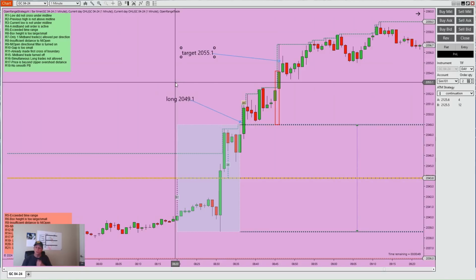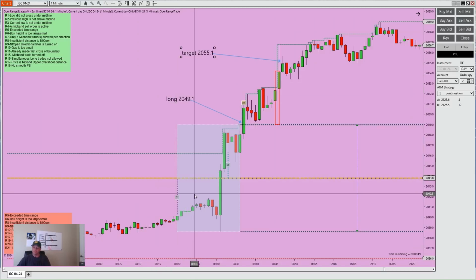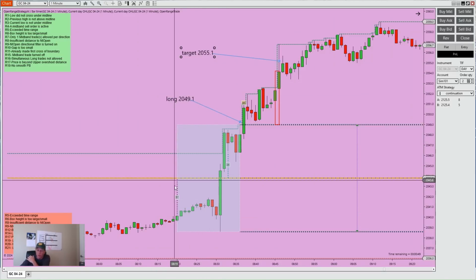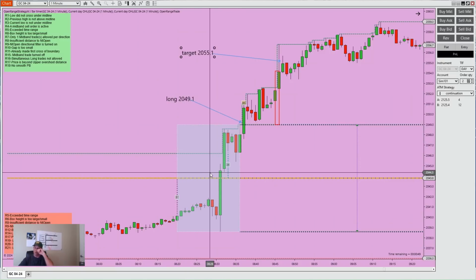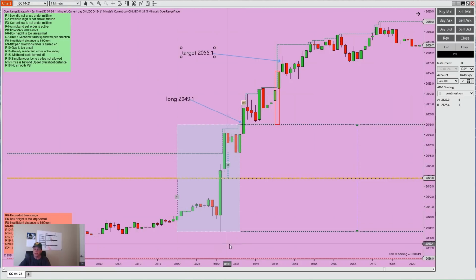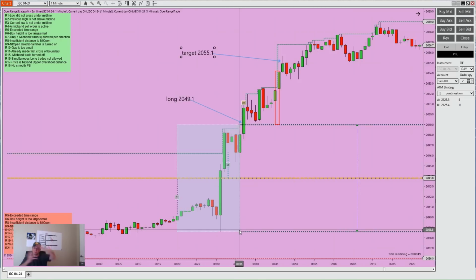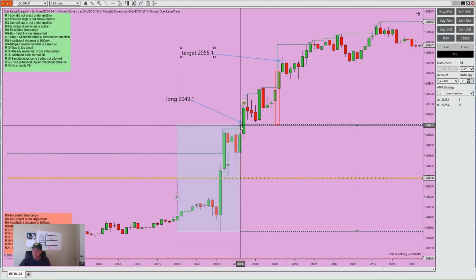This was an example where you got your box forming from 8:20, and price action is inside that box. The box keeps expanding as price keeps moving, and then at 8:36, boom, box is closed. Your whole 15 minutes is done.